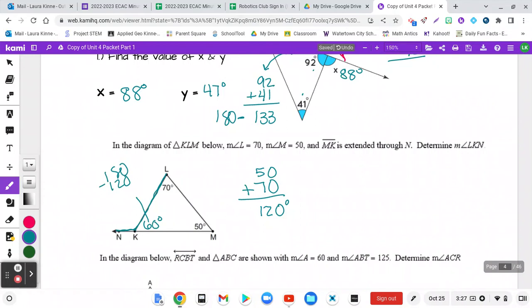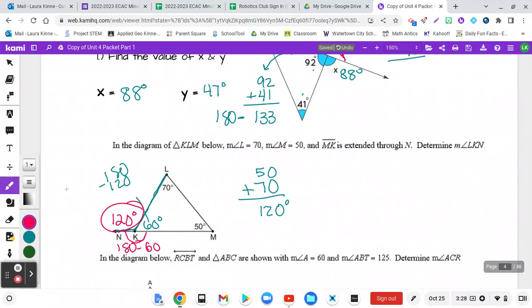So the three angles in our triangle are 70, 50, and 60 because they all add up to 180. But they're not looking for that angle. Oops. They are looking for this outside angle here. And remember, together these form a straight line. So if I do 180 minus 60, it puts me at this angle of 120 degrees.